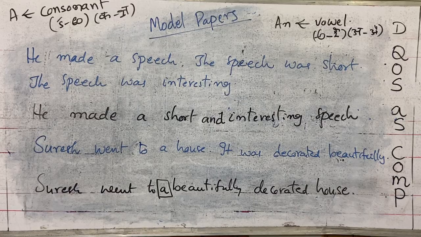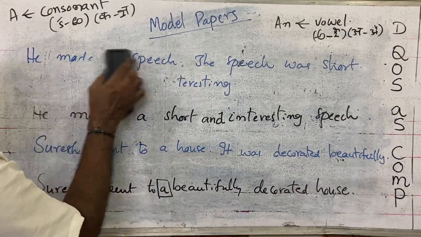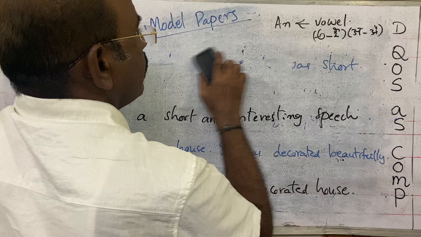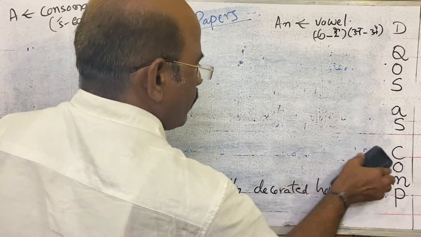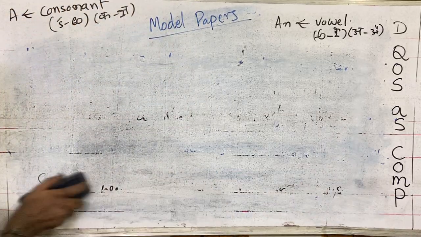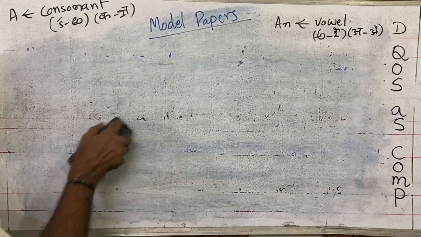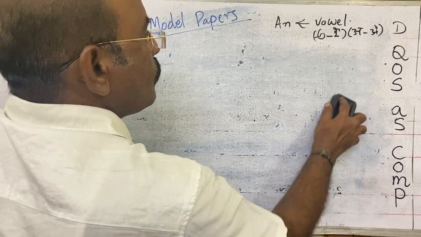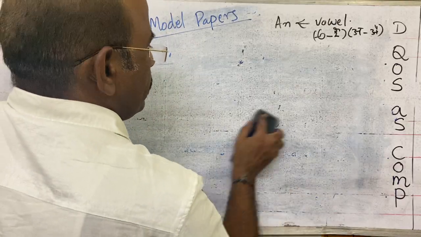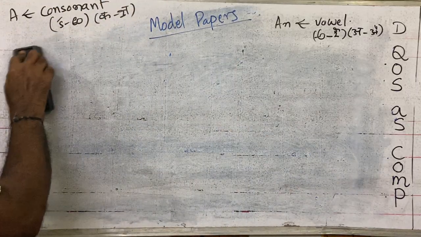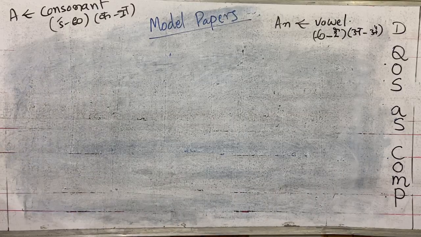Now we are going to another example. After the determiner only, all this quality, origin and everything is coming.